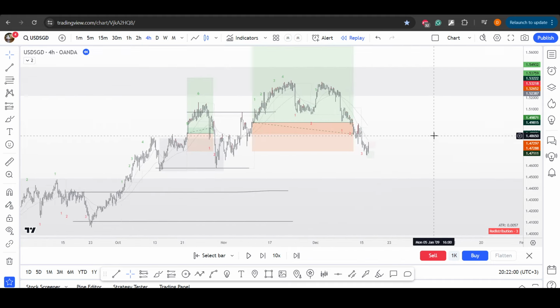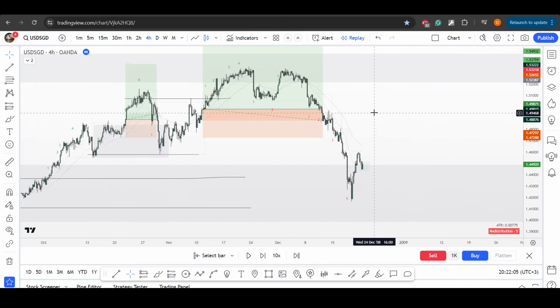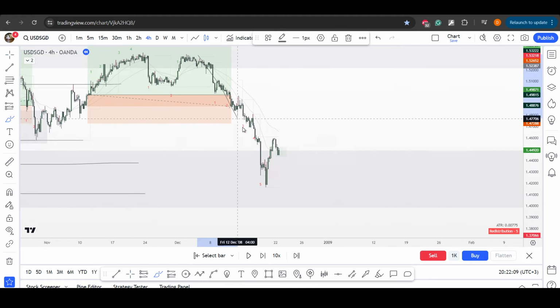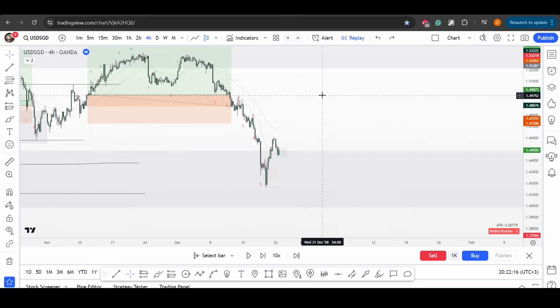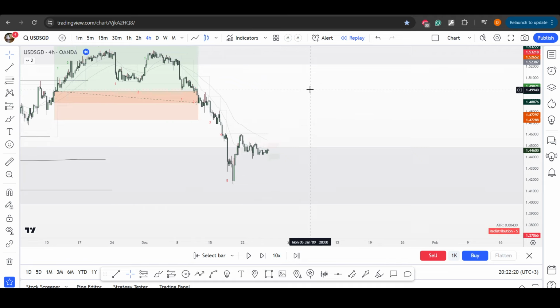And yeah, let's just follow the market. And it shows bearishness right now. And what I want to do is follow this leg here. We'll probably make some moves to the upside and then continue to the downside. Let's see.